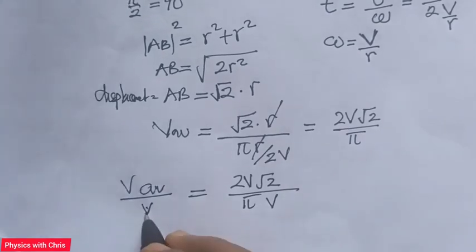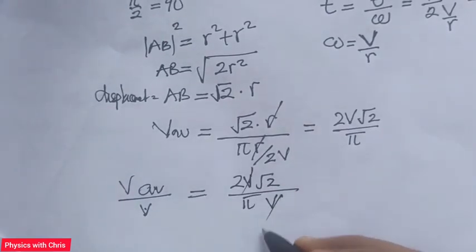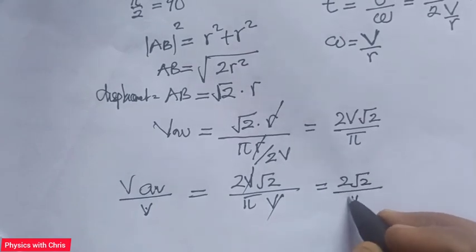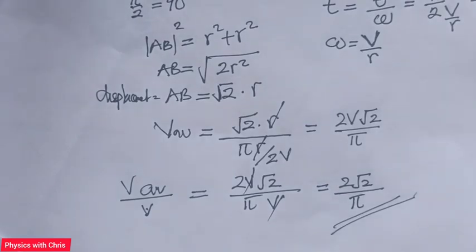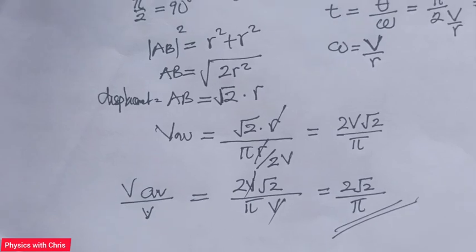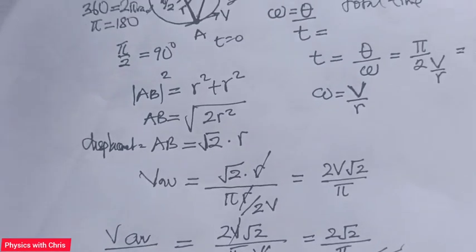Now this velocity here is the same thing as the v here. So this will cancel this v. So the ratio becomes 2 root 2 divided by pi. So that gives the ratio, no units. The two units will cancel out, of the average velocity to the instantaneous velocity. We will take another question in the next video.